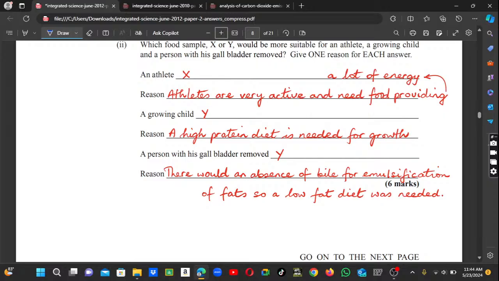We choose athletes, talking about people who do track and field and all of those things, so food sample X would be best. The reason is that athletes are very active and they need food that provides a lot of energy, and food sample X would provide a lot of energy.